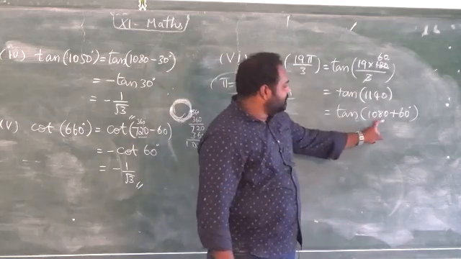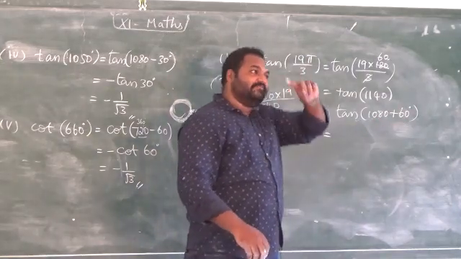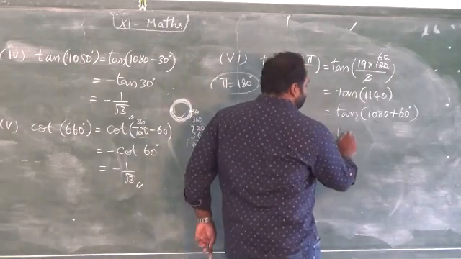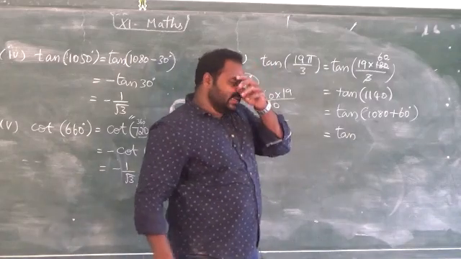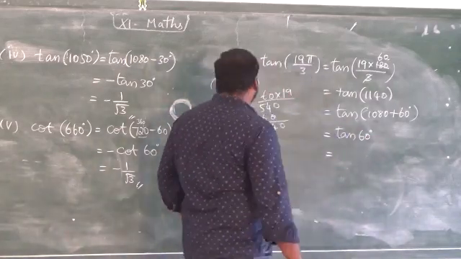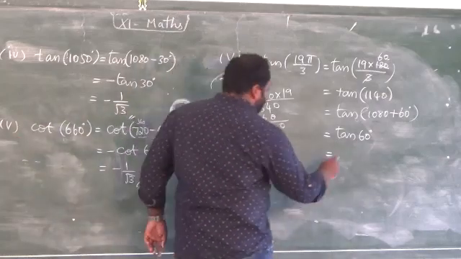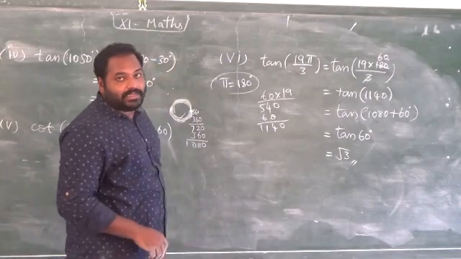We know that 1080 is considered as 360. 360 plus 60 is in the first quadrant, where all are positive. So tan, because of 360 has no change in the function, stays as tan 60. Tan 60 value is root 3. That is the value for tan 19 pi by 3.